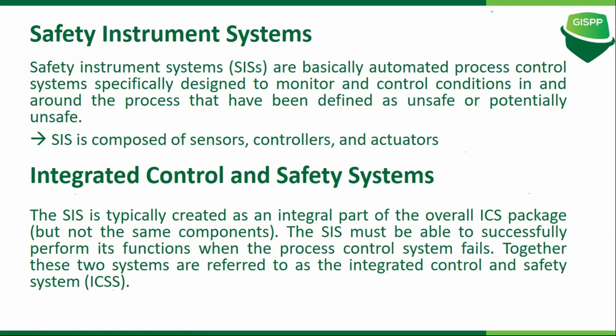So we have covered only ICS, but together with ICS comes the SIS, called the Safety Instrumented System. These are the instruments that act upon ICS and provide safety so any malfunctioning can be controlled then and there.